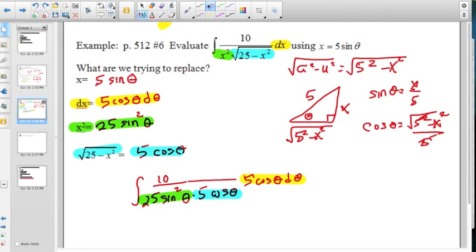Again, it looks kind of messy, but we can go ahead and do some simplifying here. We see that we can get a 5 to cancel with a 5, a cosine theta to cancel with cosine theta, and after we do that, we've got 10 over 25 here, which we can factor out as 2/5. So let's factor out the 2/5, and then what we're left with here is 1 over sine squared theta, d theta.